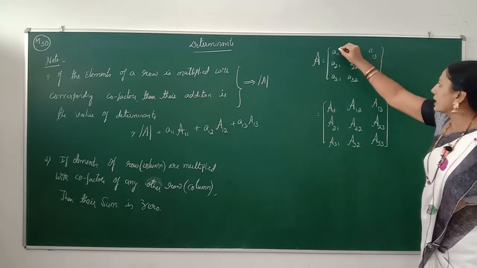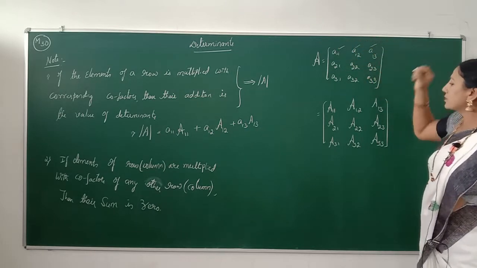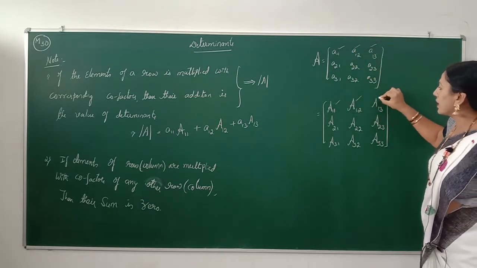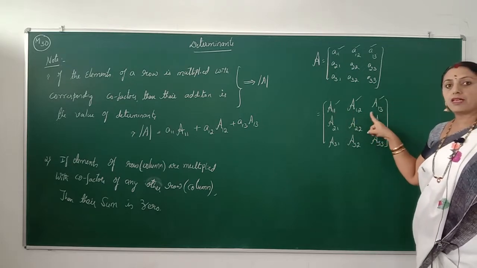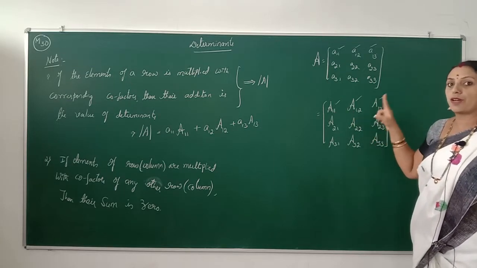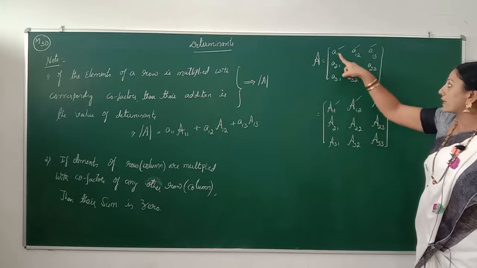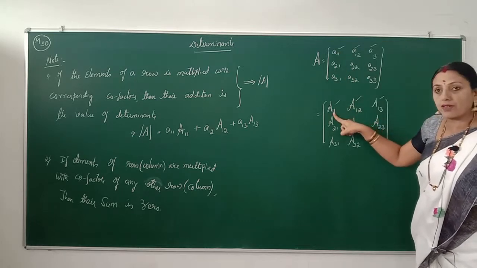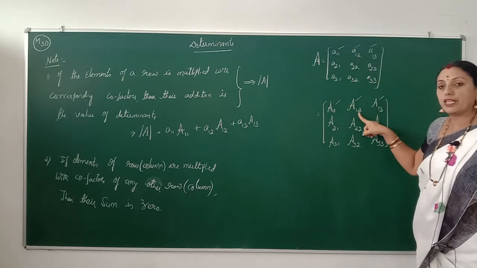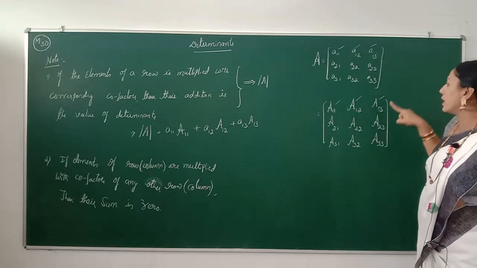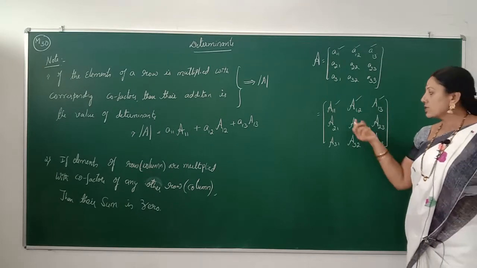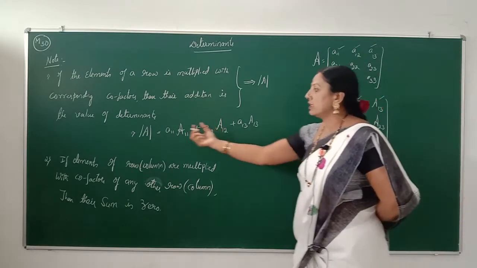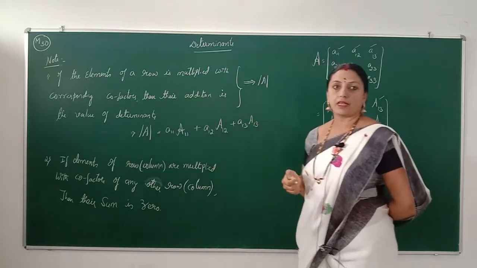Now the elements of the first row are multiplied with their corresponding cofactors: a11 into A11, a12 into A12, a13 into A13. After that the sum is nothing but one of the values of the determinant.